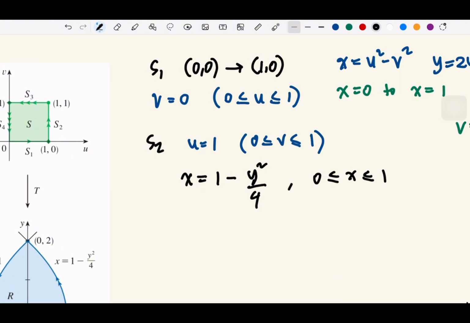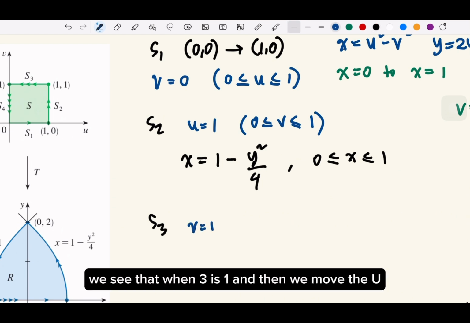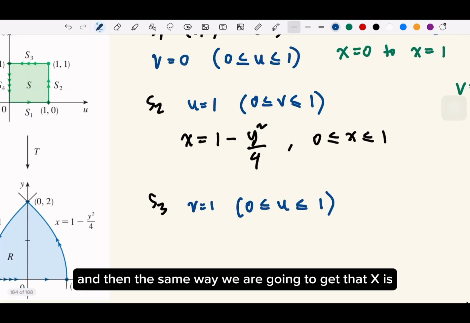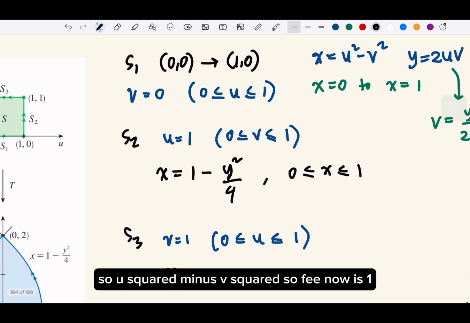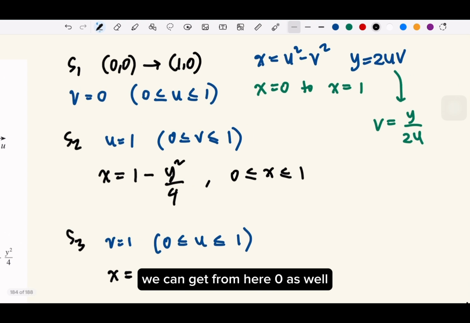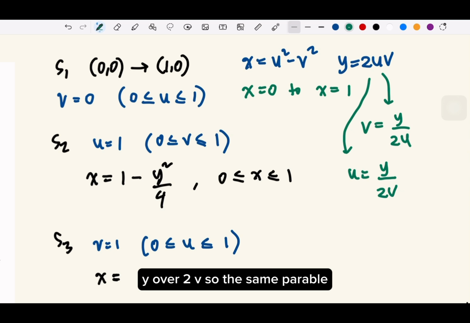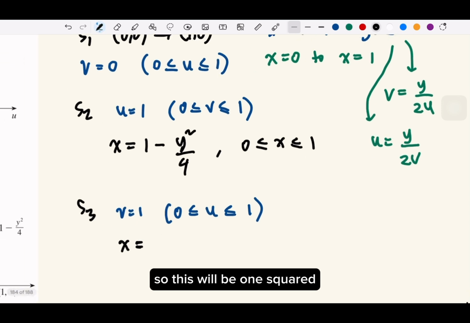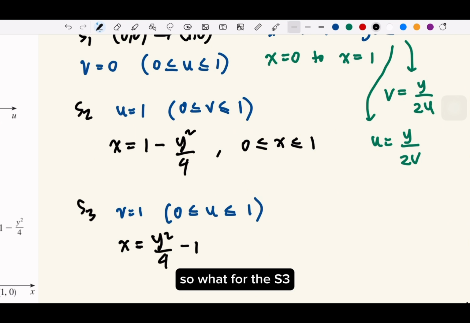And then for S3, V is 1 and we move U, and in the same way we get that x is u squared minus v squared, so v is now 1, so u squared minus 1. We get u from y over 2v as well, so it is the same parabola but on the left one, y squared over 4 minus 1, so it will be an identical parabola, okay, for S3.